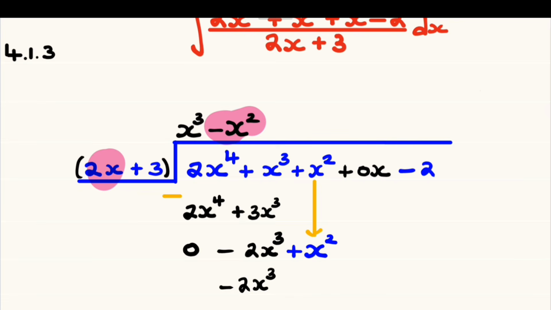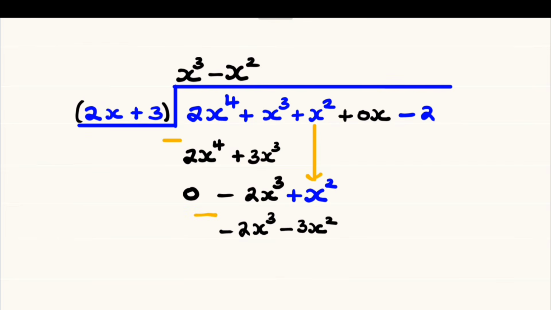And also the negative x squared multiplied by positive 3 will be equal to negative 3x squared. From here we subtract: negative 2x cubed minus negative 2x cubed will be 0. The x squared minus negative 3x squared will be equal to positive 4x squared.